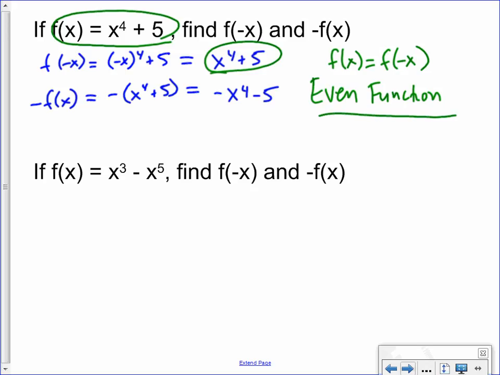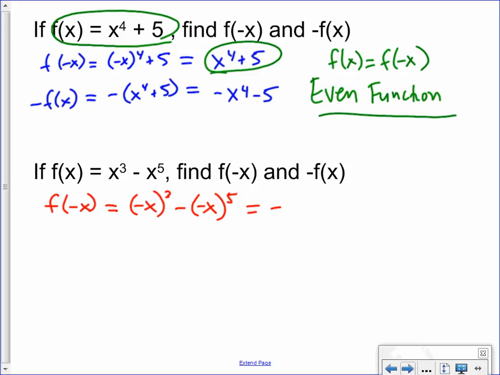Let's try f of negative x. So negative x to the 3rd minus negative x to the 5th. What does that give ya? Yeah.